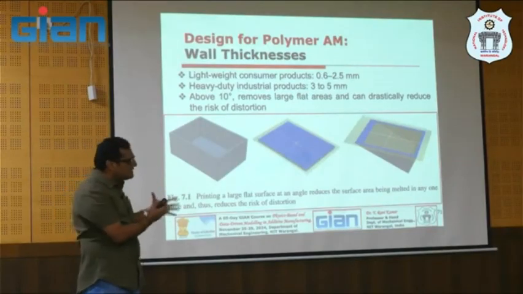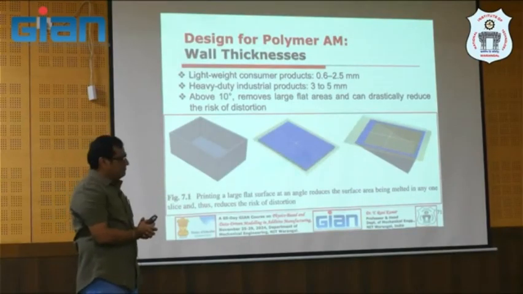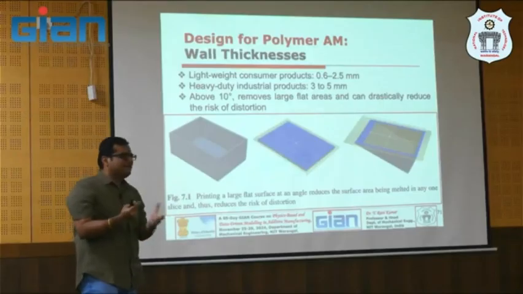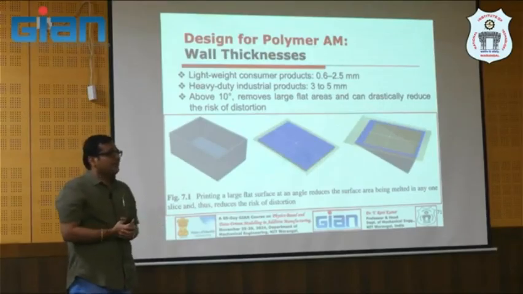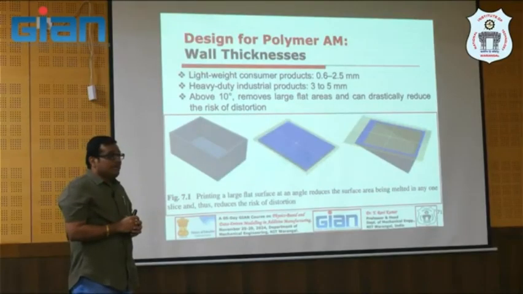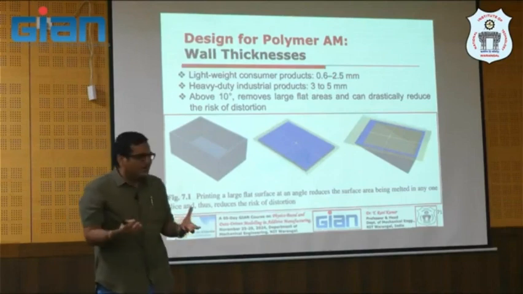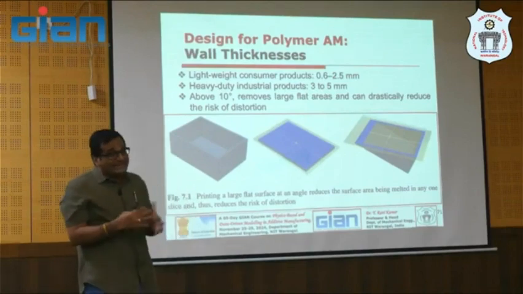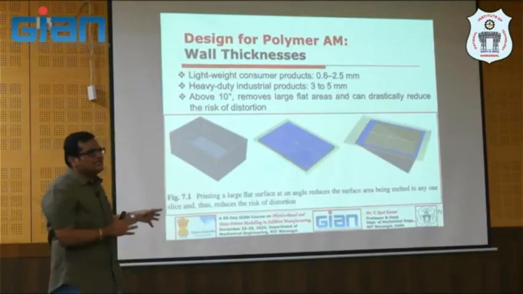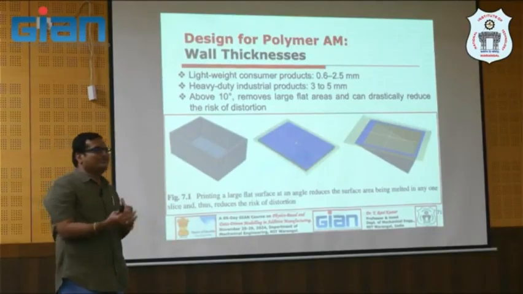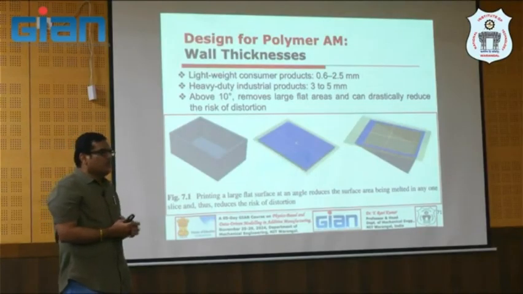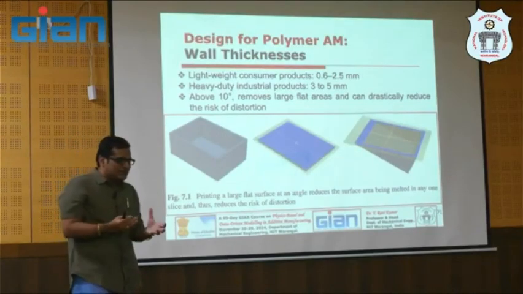Why? Because we need to understand first each and every process, and each material is different, it behaves differently, right? Then we need to understand, and based on that your design should be modified or tweaked or redesigned. Until and unless you know about these ins and outs, you may not become a good design for additive manufacturing guy.